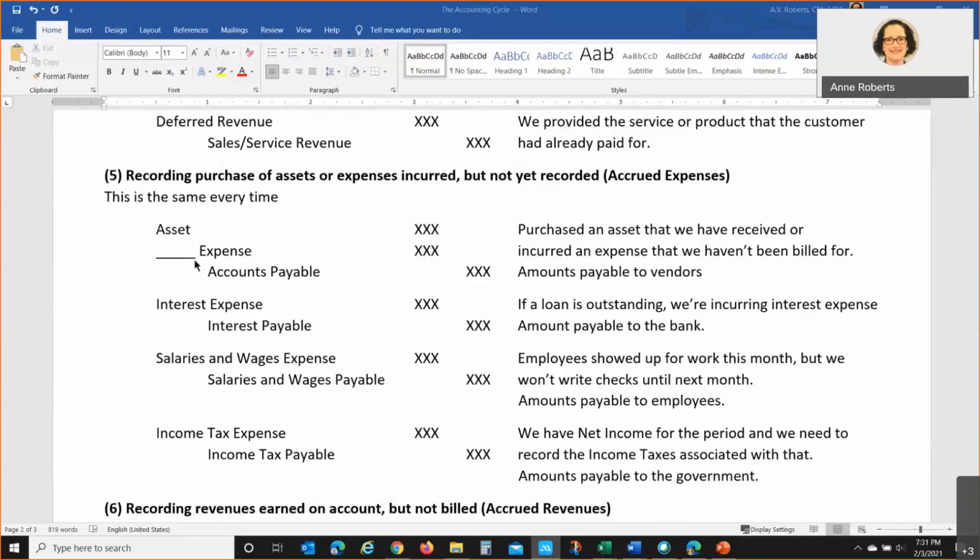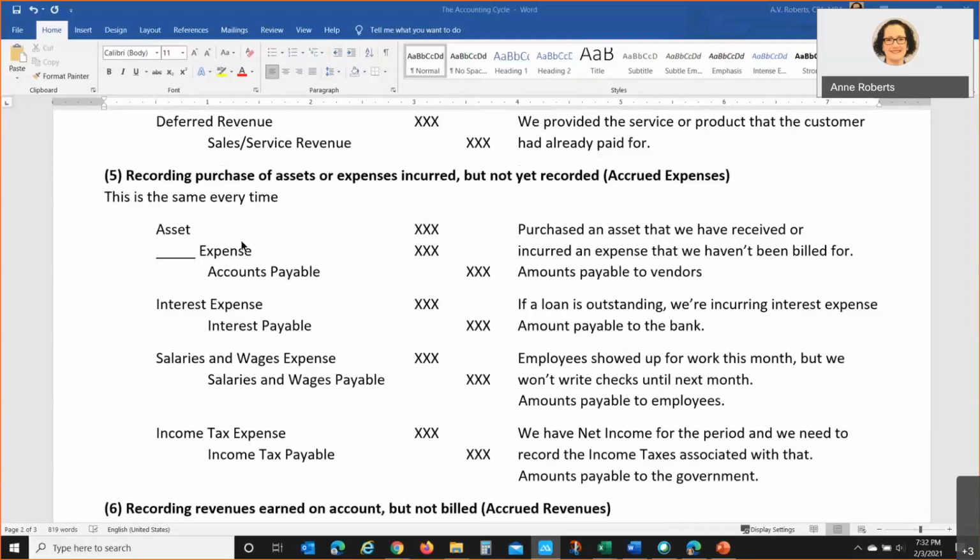Maybe we bought a copier on credit at Office Depot, but we haven't received the credit card bill yet. Doesn't matter. We've still got to record that asset and that liability because we owe them for the copier.